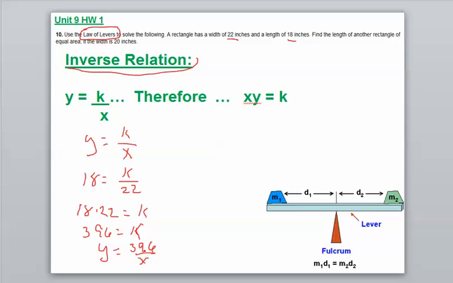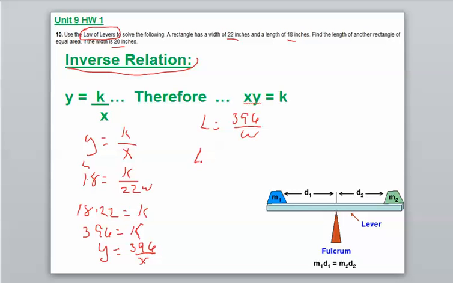Okay? Now, what was this x and y? The way I wrote this, the x was the length and the y is the width. So what we're going to do is we're going to say that the length is equal to 396 divided by the width. Okay, they want one that's of equal area when the width is 20 inches.